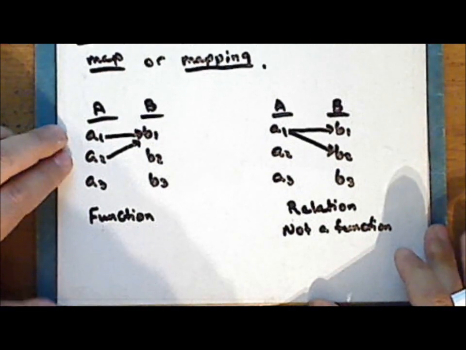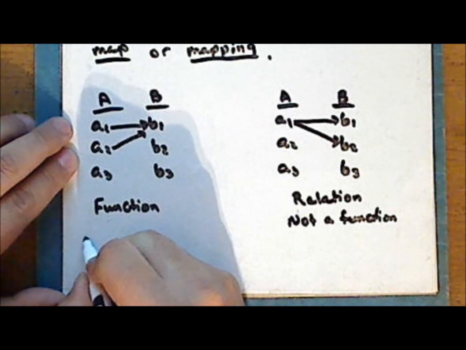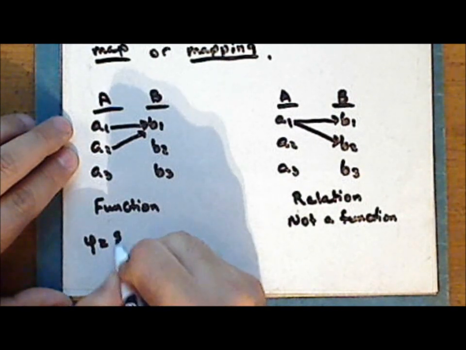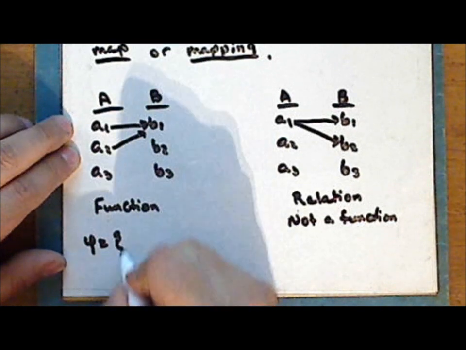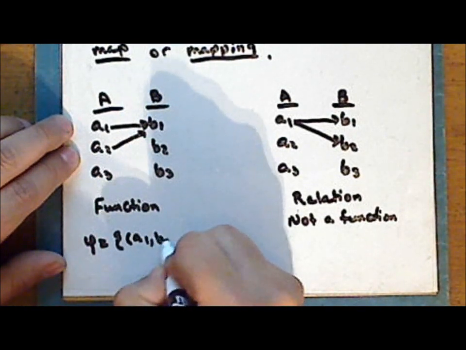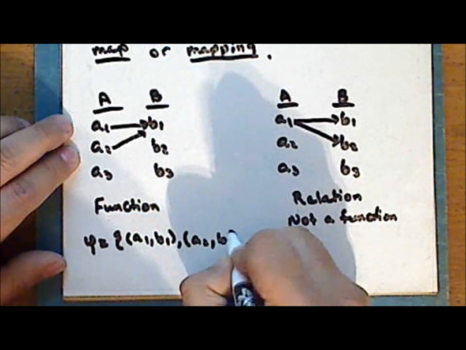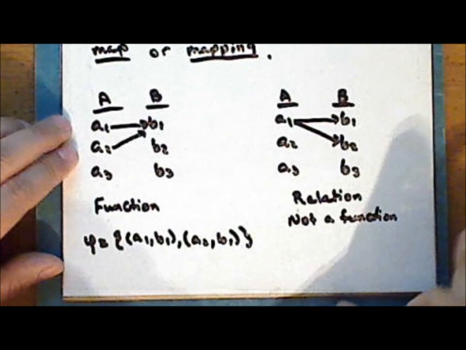So in this map diagram of the function between A and B, if we call the function phi, then this function consists of two ordered pairs, the ordered pair A1, B1 and A2, B1. Okay?